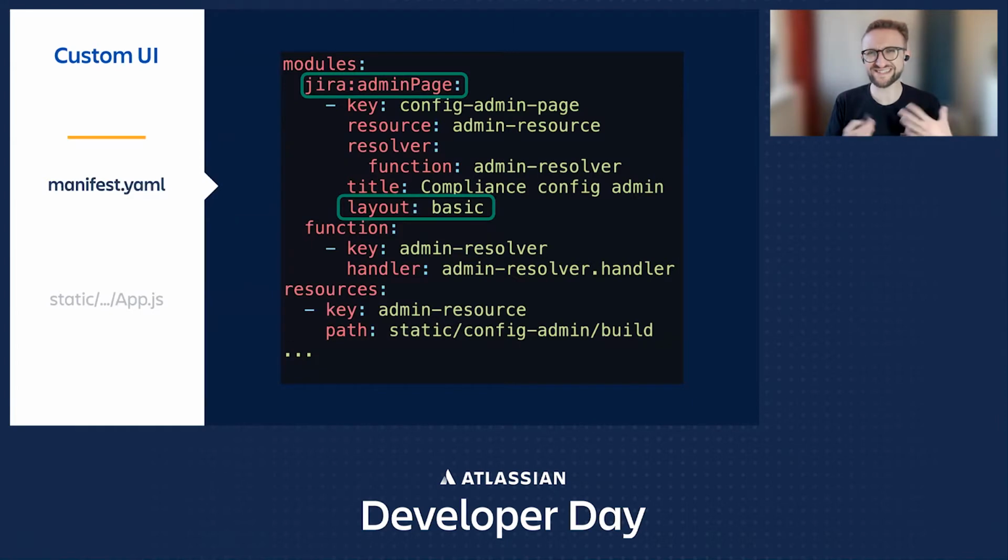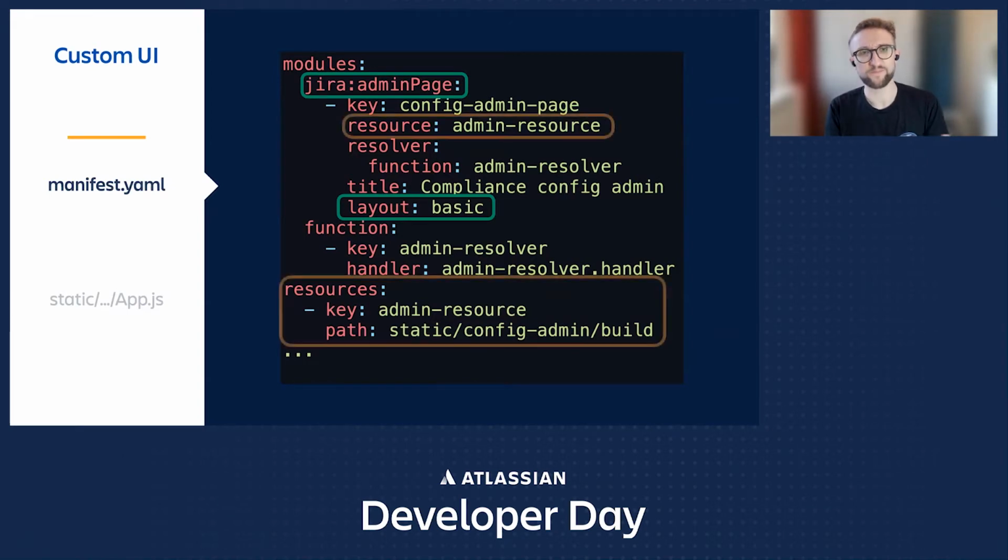If you would use there, as I did, the basic layout, it means that you just get the blank page and you should or should not, up to you, display the title there. The rest of the configuration is the same as in all custom UI modules. So you can add the optional resolver, and you should declare a resource which points to directory containing static app.